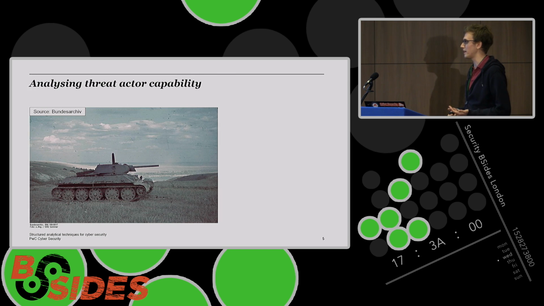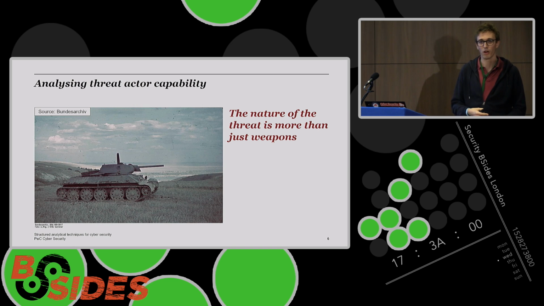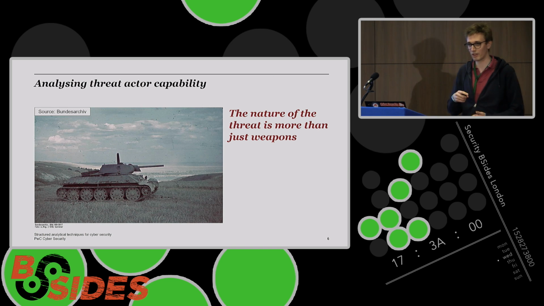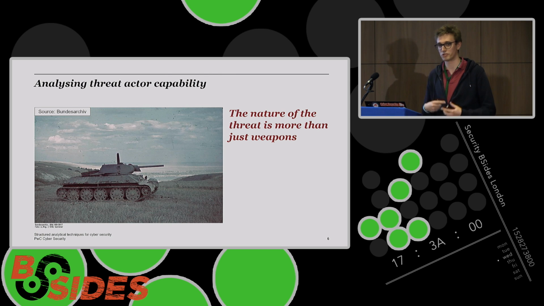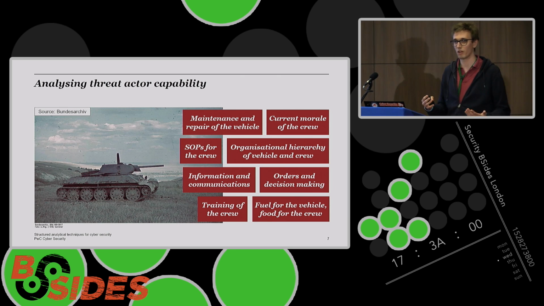When we're analyzing the threat that tank poses to us, the threat actor, it is more than just the weapons on that tank. There's a load of other things we need to think about when analyzing the capability that tank has. For example, what's the current morale of the crew like? Because people need to run that tank.